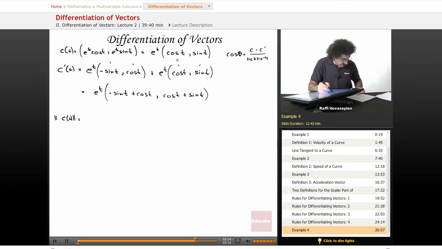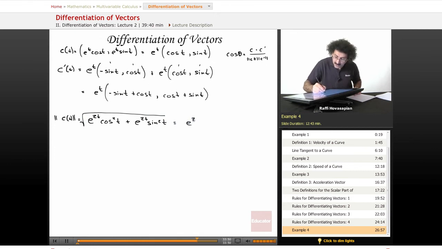This dotted with itself, okay, so we're going to end up with e of 2t, right? Because e of t times e of t is e of 2t. This dotted with itself, you're going to end up with cosine squared t, plus e to the 2t sine squared t, all under the radical.